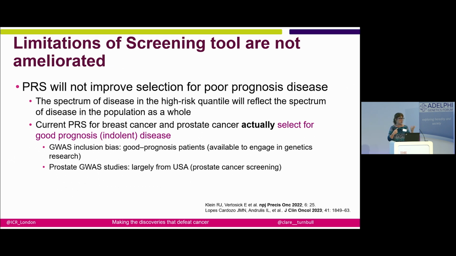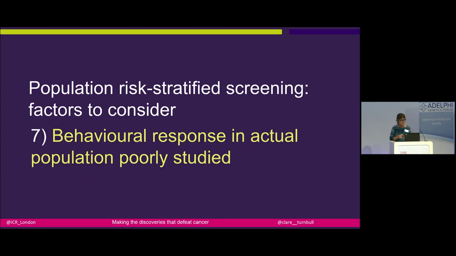They were the people who had a longer survival and less aggressive disease. And particularly around prostate, a lot of the recruitment was in the States, where people were identified via screening. So the PRS is actually differentiating against the more aggressive disease, where you would have more impact from early diagnosis.